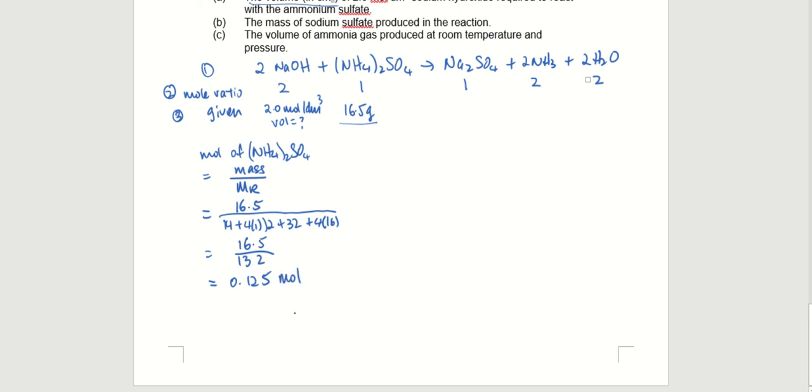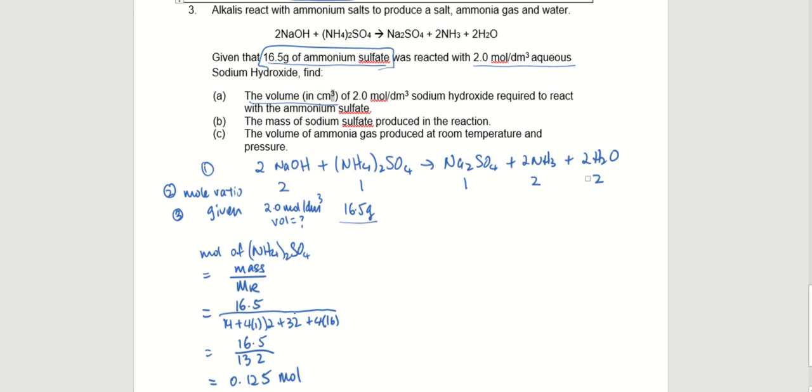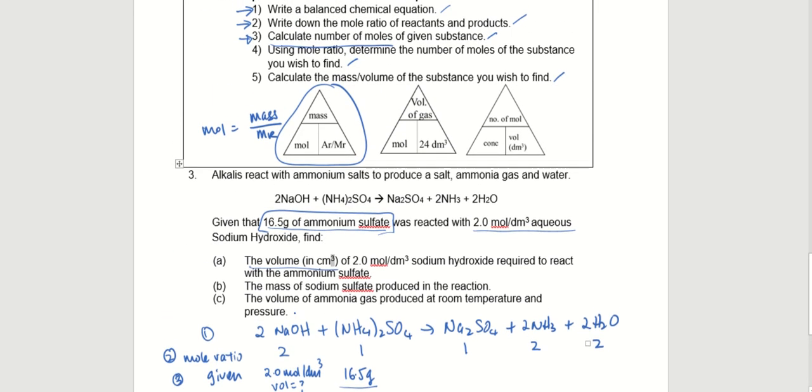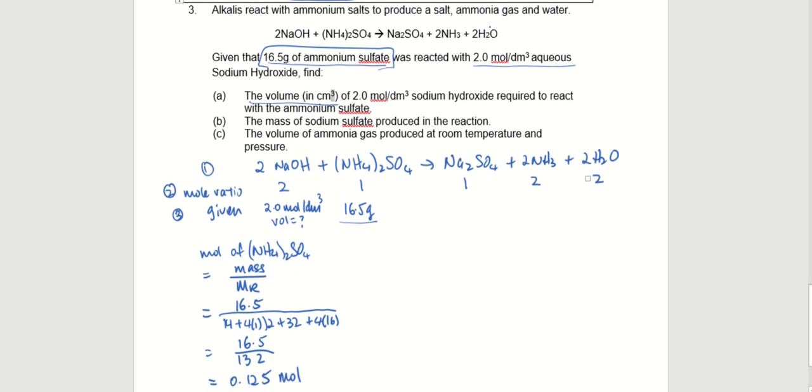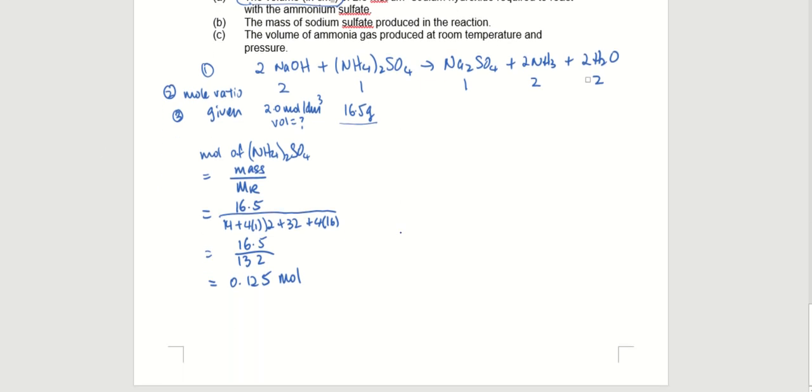Okay, so now let us see, we have completed step number 3. We now use step number 4. Using the mole ratio, determine the number of moles of the substance that we wish to find. Now in this particular case, the first item we need to find is the volume of sodium hydroxide. Okay, so let's calculate.